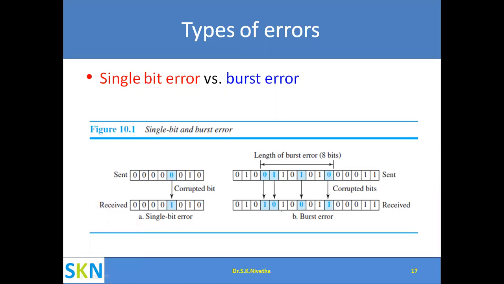Otherwise we can call it a burst error. If multiple bits are changed randomly here and there, that is called a burst error. If two bits are changed continuously, we can say multi-bit error. So in that way also we can represent it.